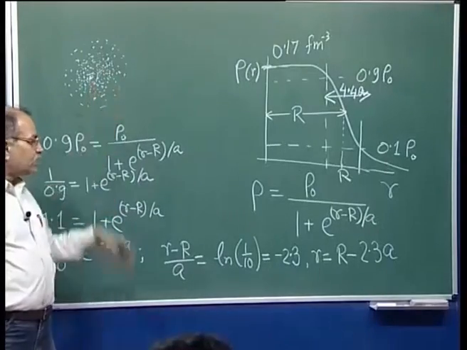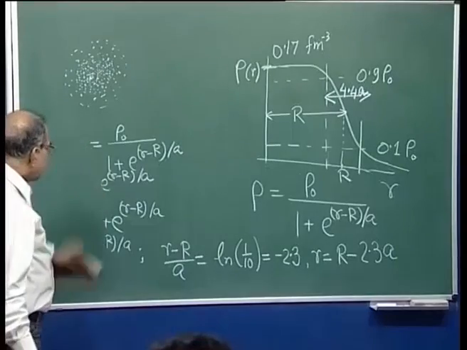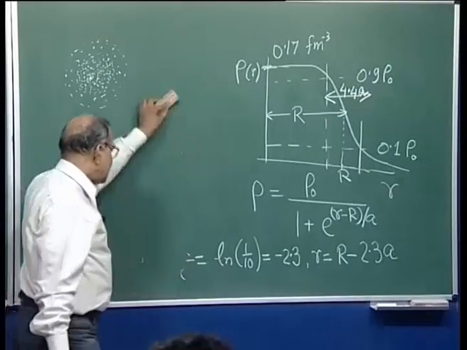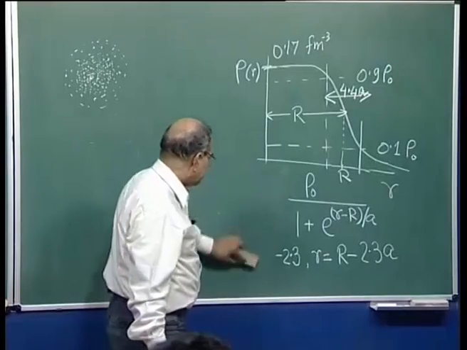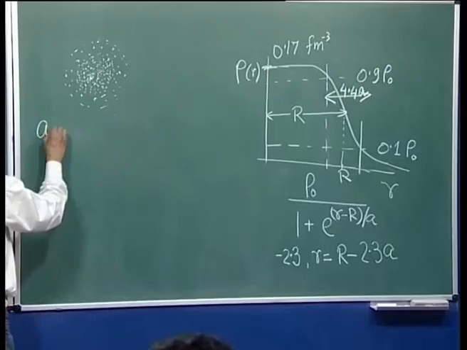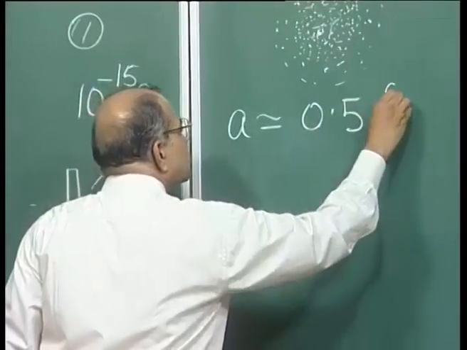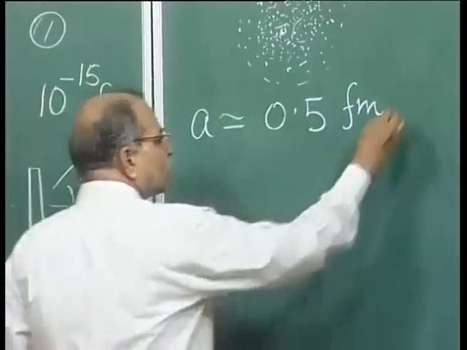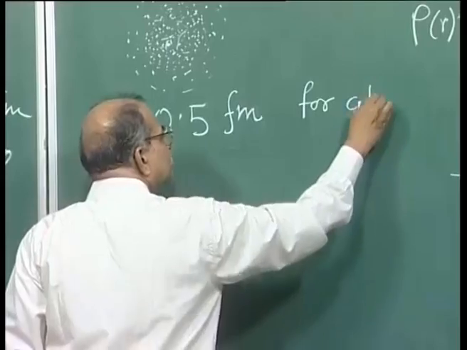So, from the data what one finds is that for all kinds of nuclei, heavy, light, medium weight, this A turns out to be almost the same, 0.5 femtometer, for almost the entire range.